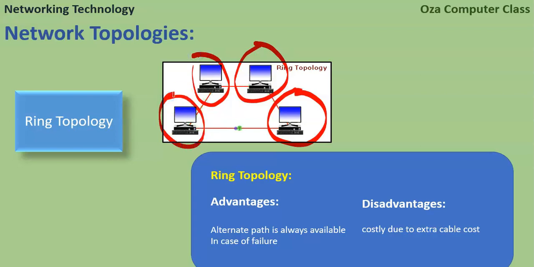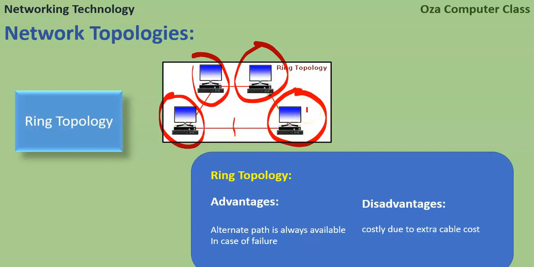Now in case this part of the cable has a cut, what will happen if it is bus topology? The complete network will be down. If it is my star topology, then also, since you have a central hub, this part of the network will be isolated.